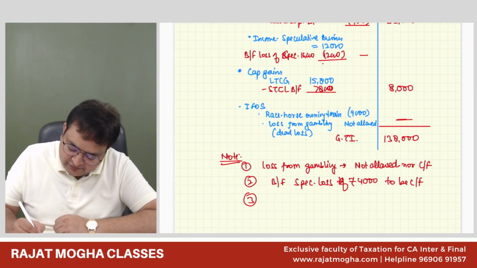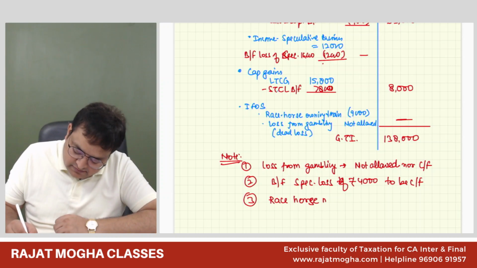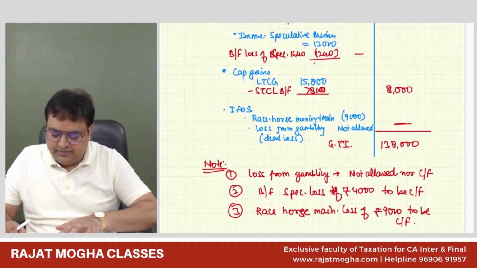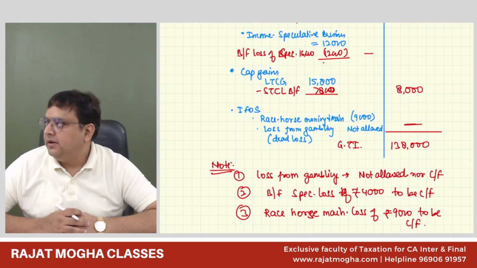So this is the last one: race horse maintenance loss of rupees 9,000 to be carried forward. Everybody understood it?